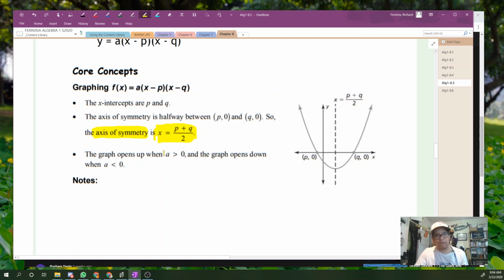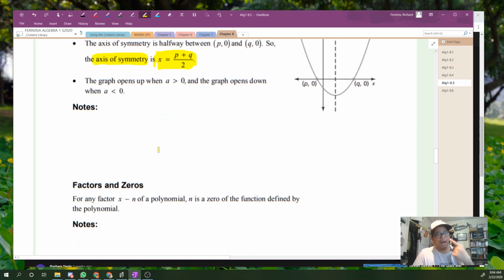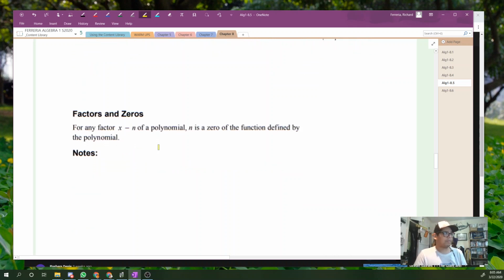If a is greater than 0, then the graph opens upwards. If a is less than 0, the graph opens downwards. That's been consistent all the way throughout our algebra journey into parabolas. So yeah, this all looks pretty good. It's actually pretty easy, I think. Hopefully I can get you to think that too.